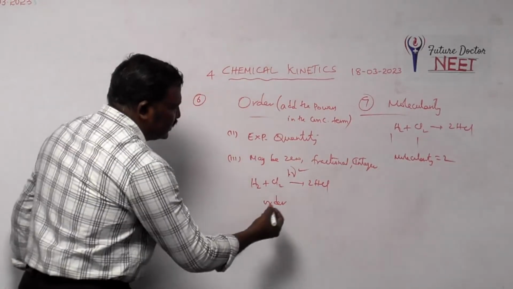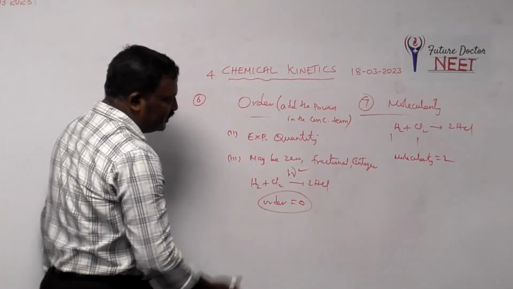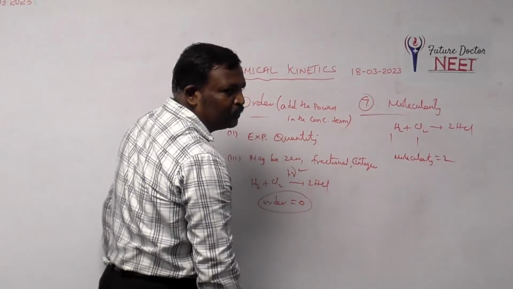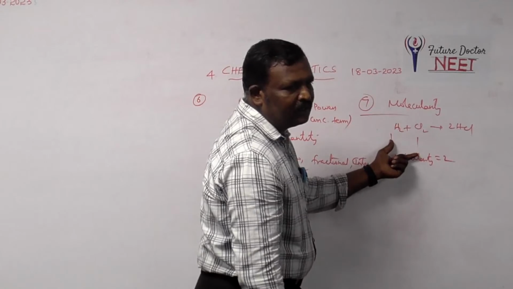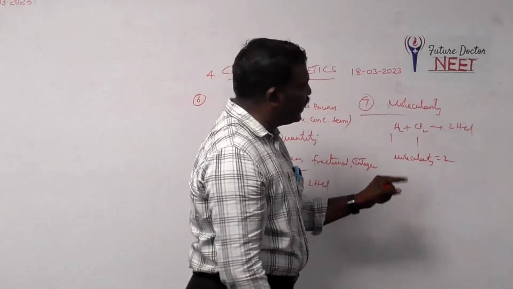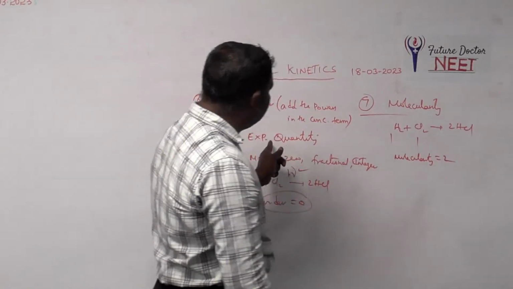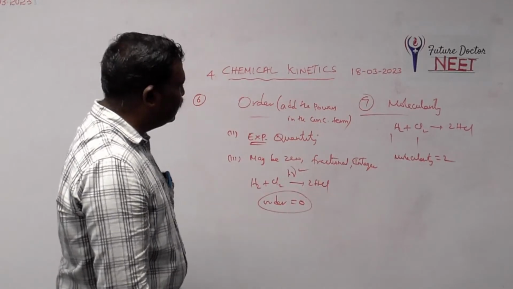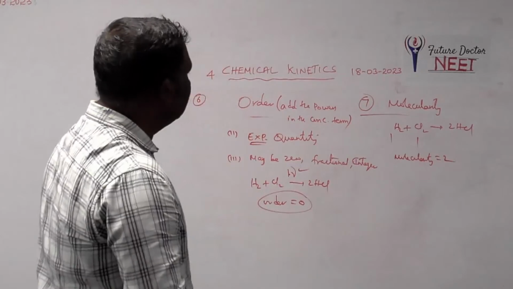So in this case, order is 0. The same reaction, molecularity is what? 2. Molecularity we can get only theoretically. When the equation is given, we can say this is the molecularity. But order can be predicted only experimentally. Understood? Just write the examples.